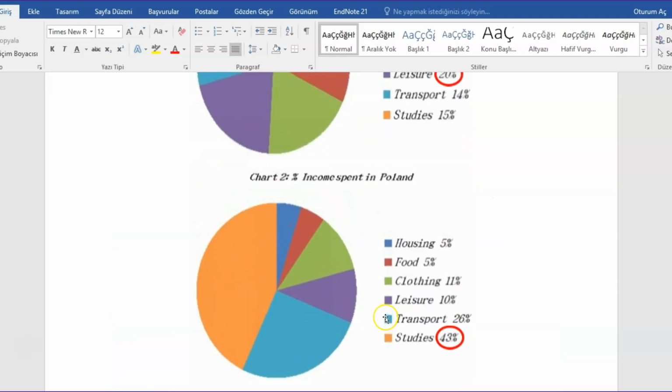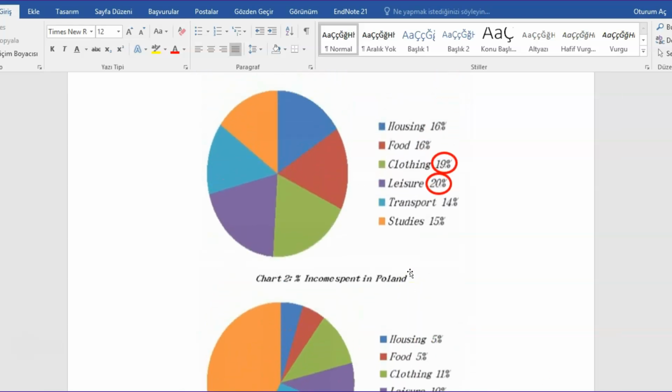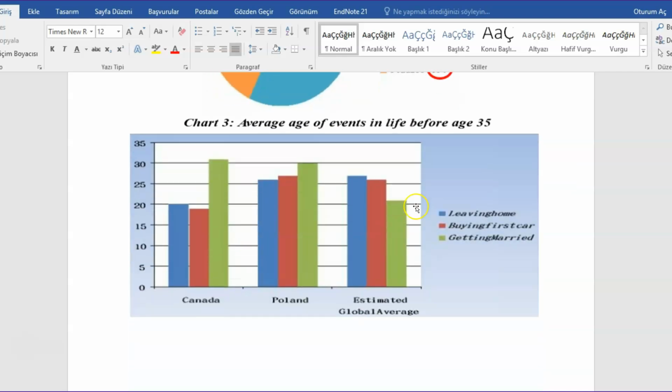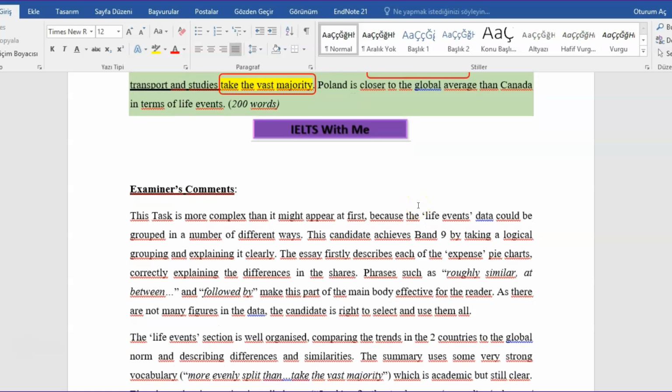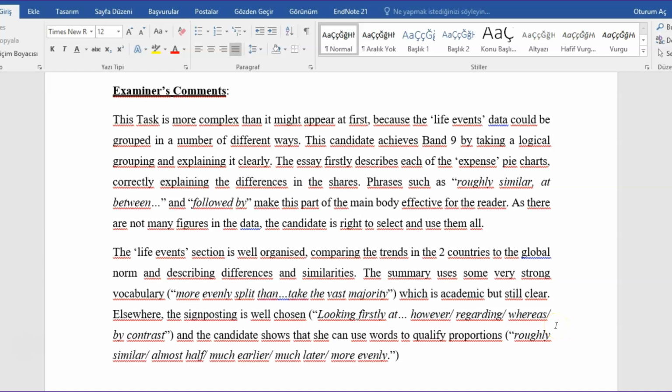But in these kinds of questions, our responsibility is to group the data, group sets of data, and write it in our essay. That's much more important. I said about grouping the data and using phrases such as roughly, similar, at between, and followed, because it makes our essay much more effective for the examiner to read.